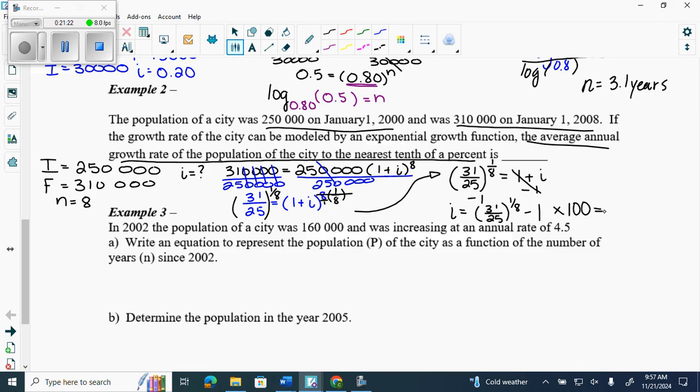I always say the decimal places are equivalent to how many zeros are in the word they're talking about. So what do we get? 2.7%, and we have to make sure we have a sentence that says the average annual growth rate of the population of the city is 2.7%. So the population grew from 250,000 on January 1st, 2000 to 310,000 on January 1st, 2008.